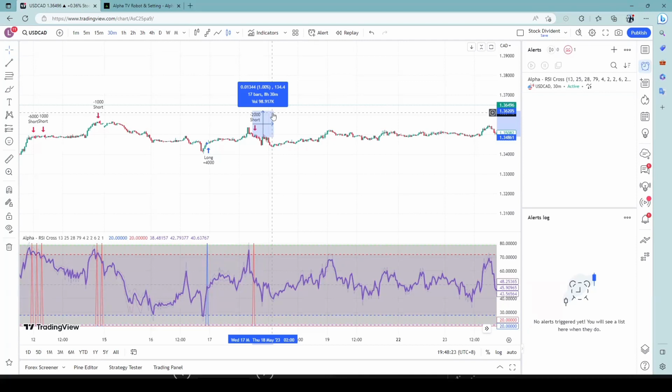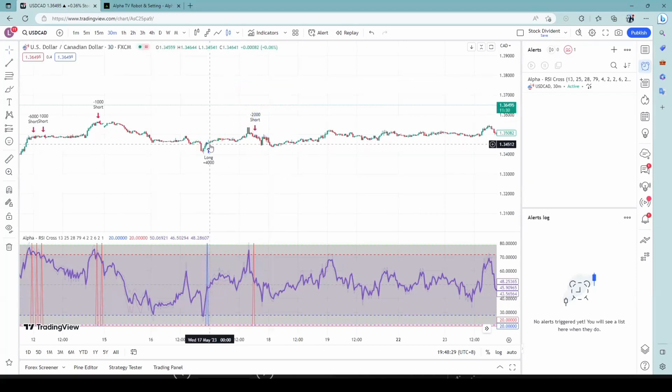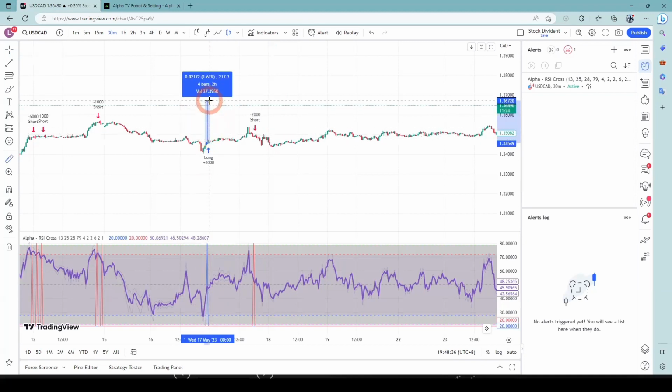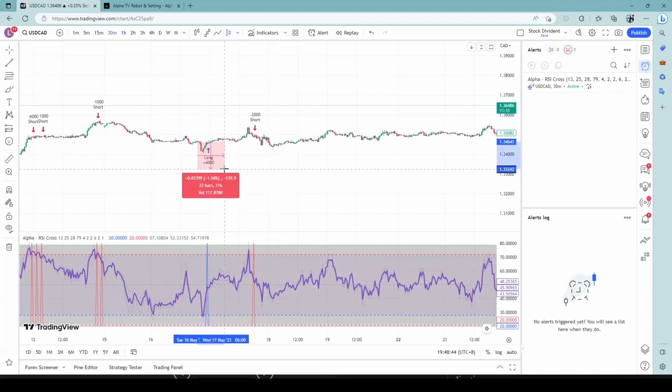But with percentage, it's easier to compare because it is the percentage of the price change. So coming to the buy side, for the long, if you want to be buying, where will your take profit be? Your take profit will be 2% at the top. So over here, this line will be your take profit, and this line at 1% will be your stop loss.